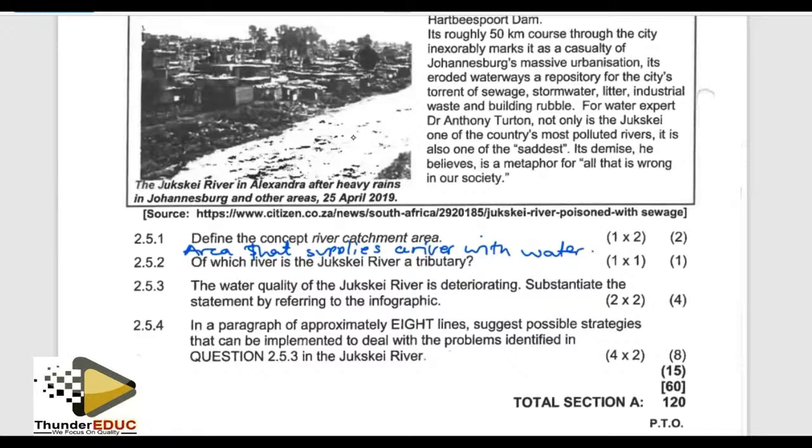2.5.2: of which river is the Cascade River a tributary?